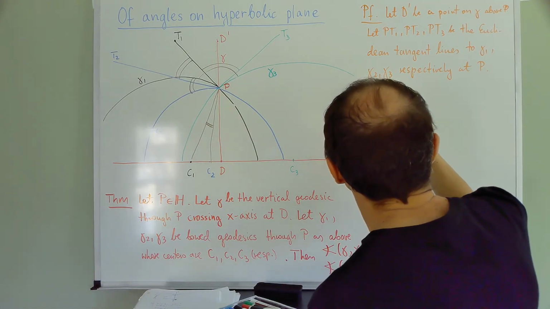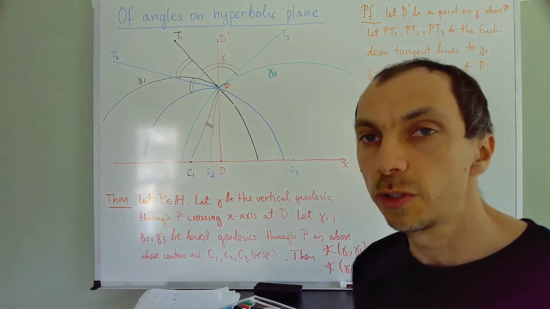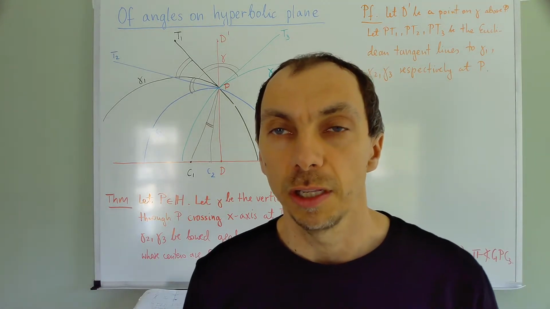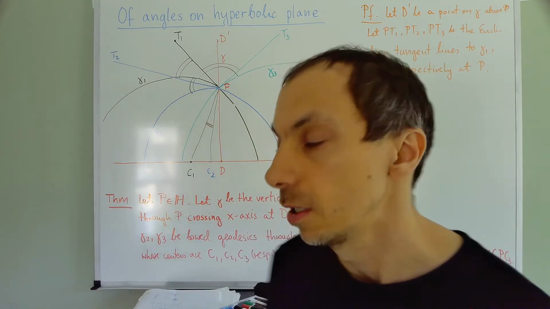So one thing that we know is that tangent lines to circles are perpendicular to the radius that goes through the point of tangency.